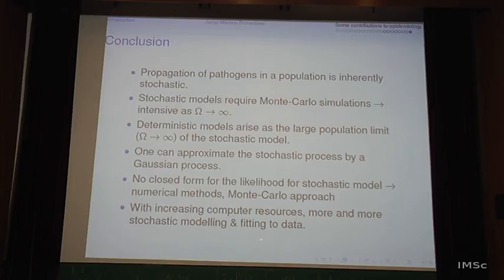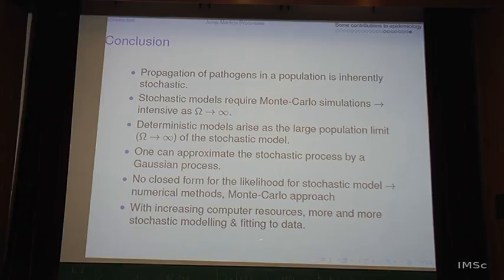Okay, so just to conclude, I hope that this talk will show you that the propagation of pathogens in a population is an inherently stochastic process, as are most in-host dynamics or immunological problems. We are dealing with molecules and individuals, which are discrete entities, so you might need to take stochastic effects into account.